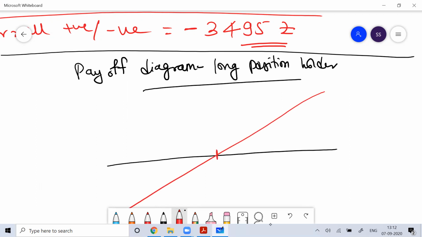Above this horizontal line is your profit, and below this horizontal line we talk about losses. The price of the underlying asset is always increasing from left to right.